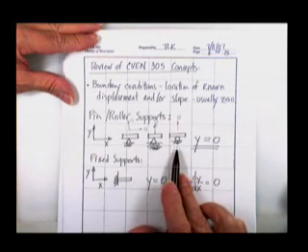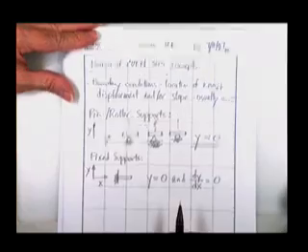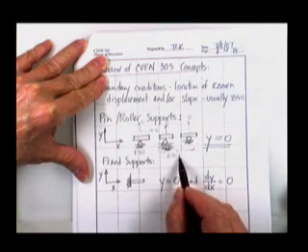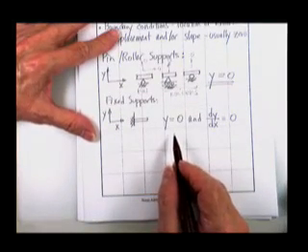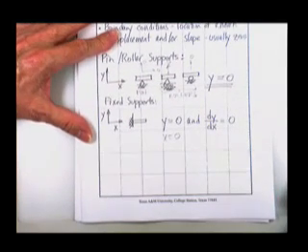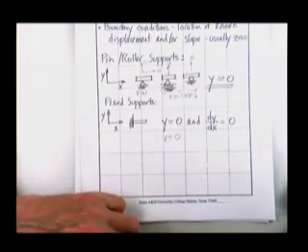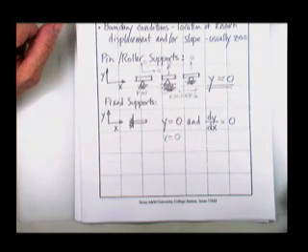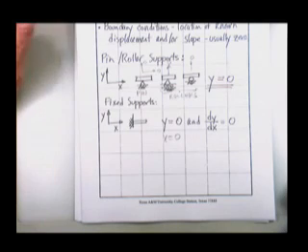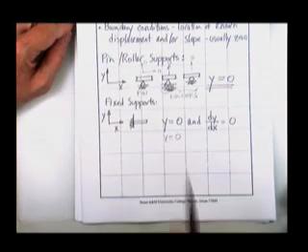Movement and rotation acceptable. For a fixed support, actually, this is a pin, and here's your rollers. For a fix, I'll tell you y is equal to 0, x is equal to 0, and the slope is equal to 0. Because once you start working with these equations and start integrating them a couple of times, you're going to find that you keep getting these doggone constants of integration that pop up, and this is how you will evaluate them.